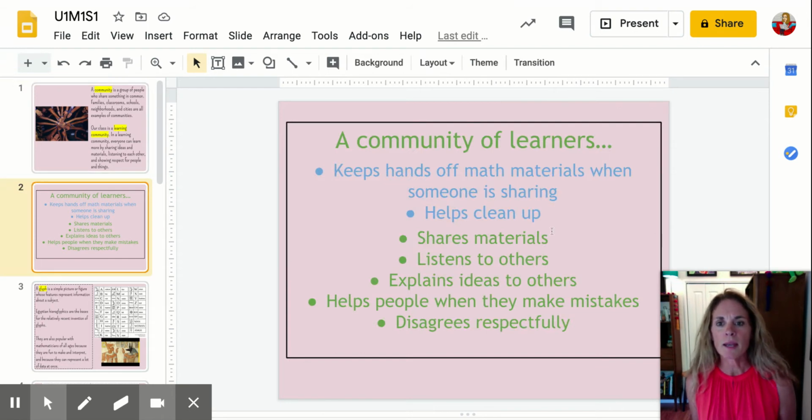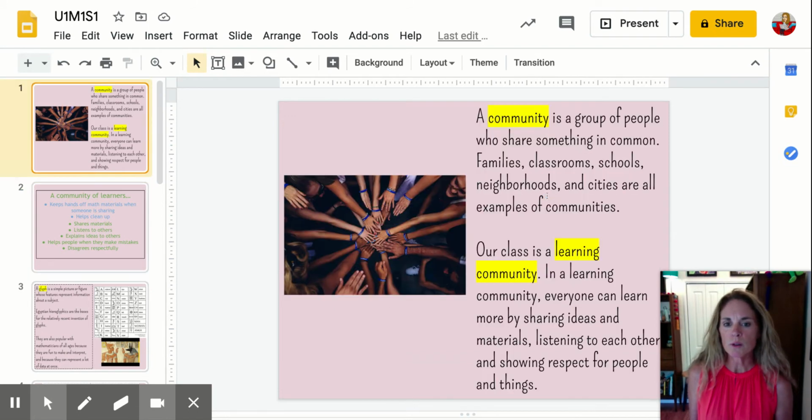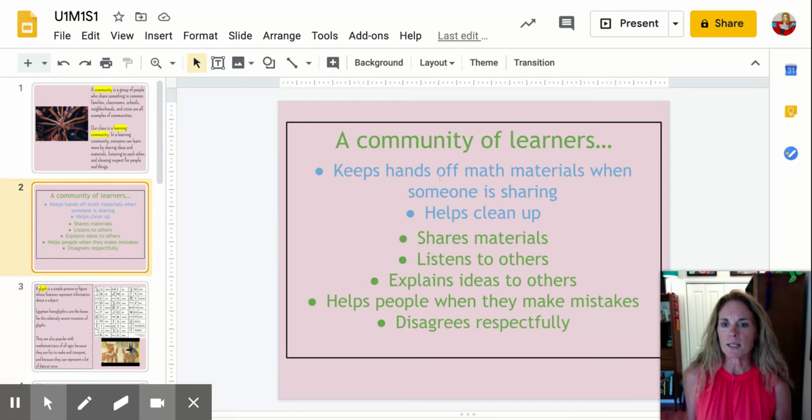So here's our slide of community learners, and in the classroom I would have had you think of all these different things. Tell me, I want you to think about, why are there some that are blue and some that are green? So we have keeps hands off math materials when someone is sharing or helps clean up.